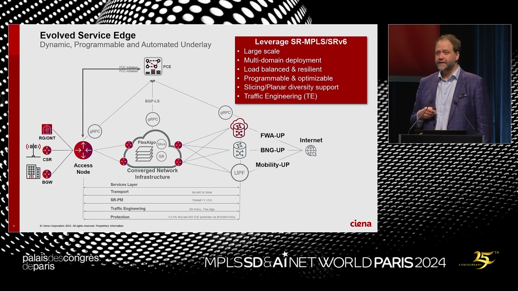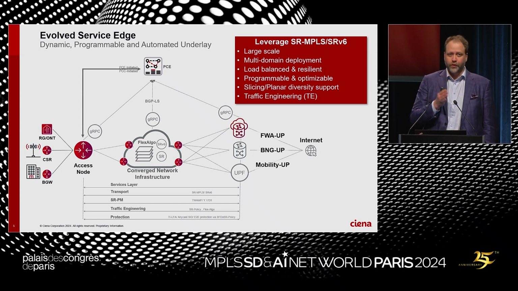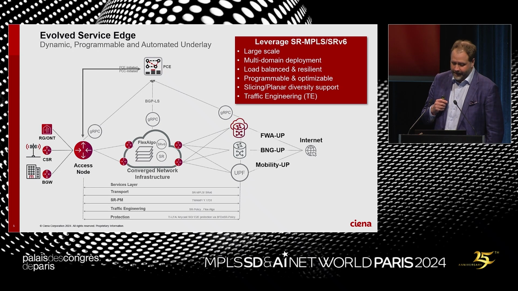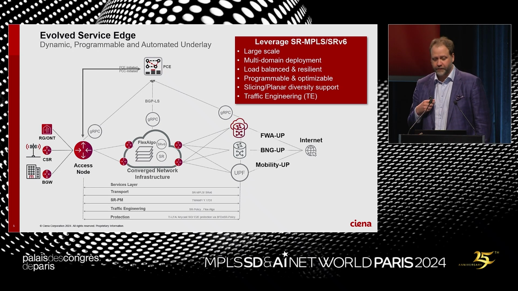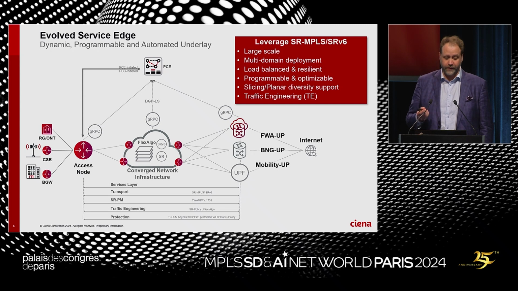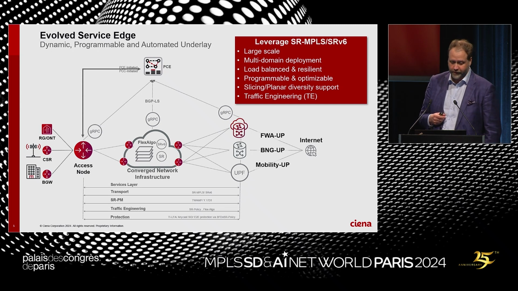And using techniques like FlexAlgo to do per slice specific tuning and SLA enforcement, right? That whole concept of being able to be both slicing and planar diverse is very advantageous as we try and utilize a converged network infrastructure to do service termination.